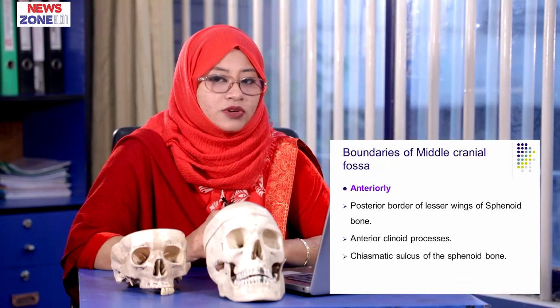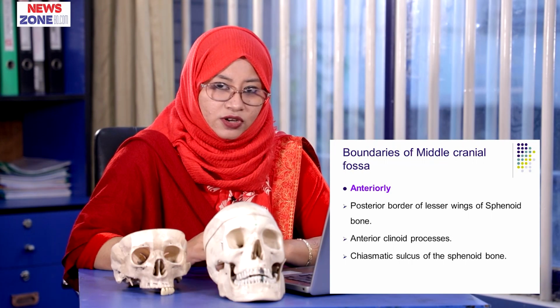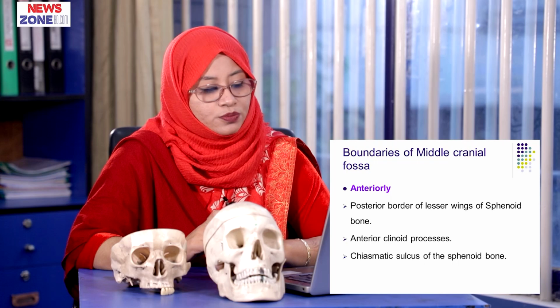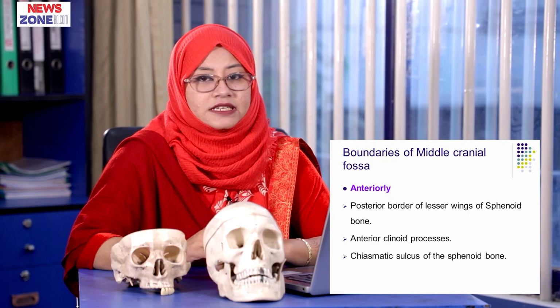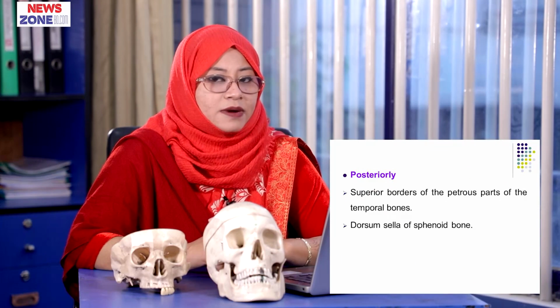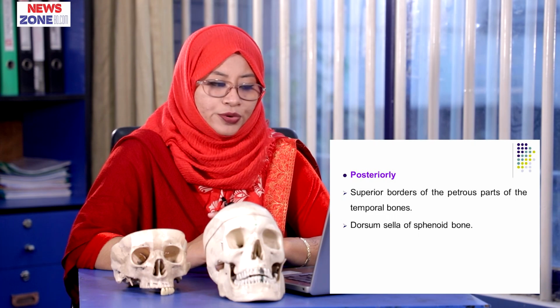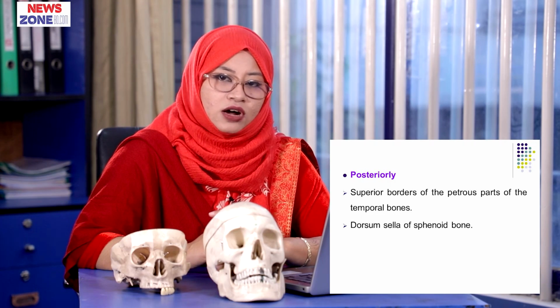Now, the boundaries of the middle cranial fossa. Anteriorly, it is bounded by the posterior border of the lesser wings of the sphenoid bone, anterior clinoid processes and chiasmatic sulcus of the sphenoid bone. Posteriorly, it is bounded by the superior border of the petrous part of the temporal bone and dorsum sellae of the sphenoid bone.